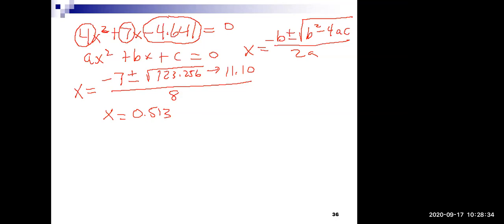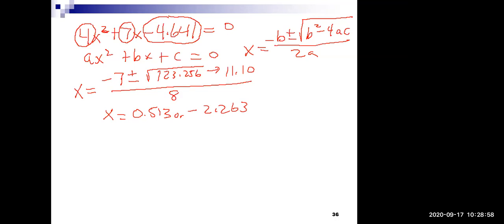The other value will be minus 7 minus 11.10 divided by 8, which gives you minus 2.263. And these are our two values of x that we can get from solving this quadratic formula.